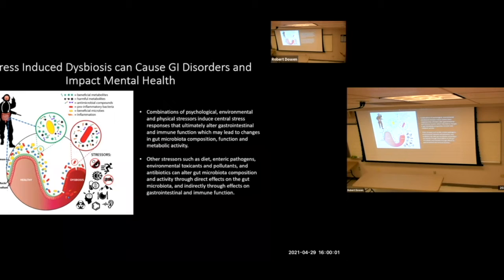And then they're also being stressed because maybe they have a change in their diet, or maybe they are in a space that has new pathogens that their body hasn't experienced before. And so they were looking at all these stress factors, and they saw that all these stressors are leading to dysbiosis, and that's leading to a pro-inflammatory response, and it's leading to the production of those different metabolites that are interacting with their gut, and that can have a big impact on your mental health.